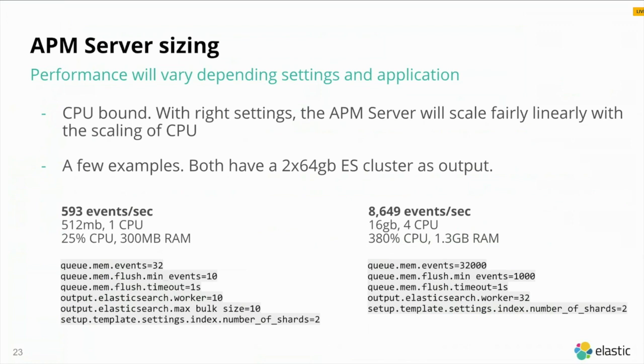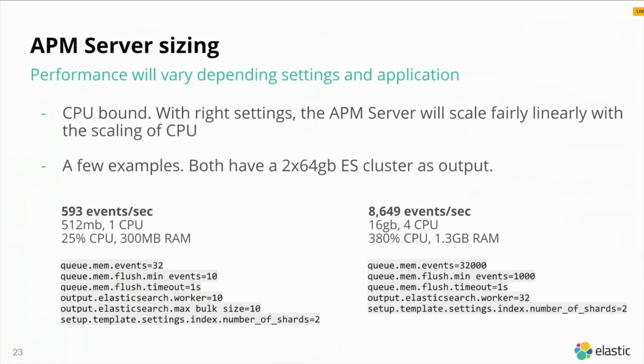But an APM server running with 512 RAM and 1 CPU is capable of handling almost 600 events per second. And you'll see over to the right that since the APM server is CPU bound, if you have the right settings, it will scale almost linearly with the CPU.